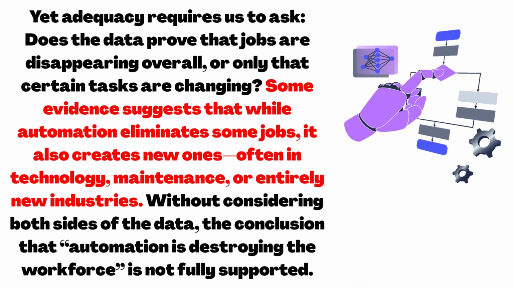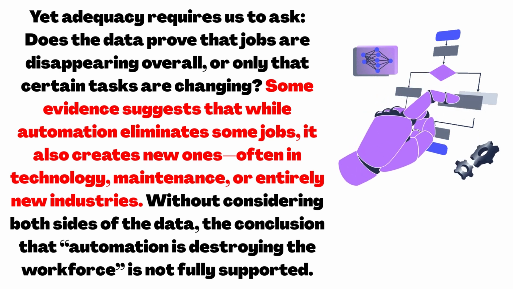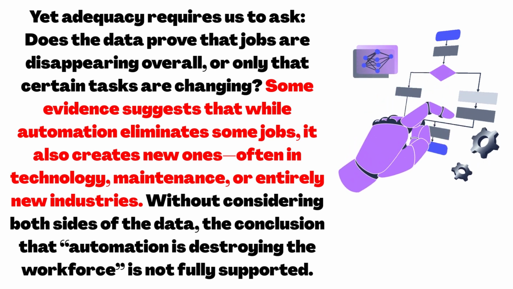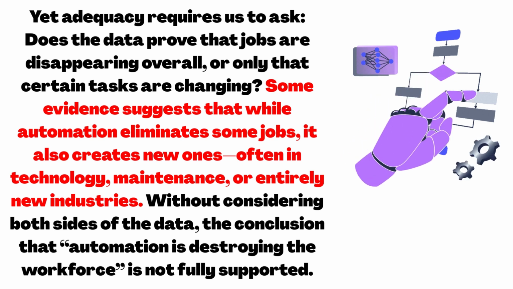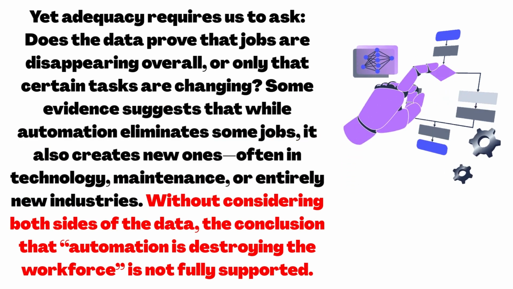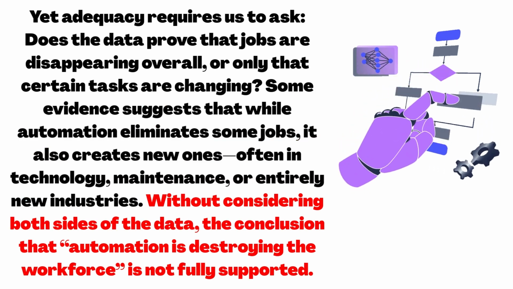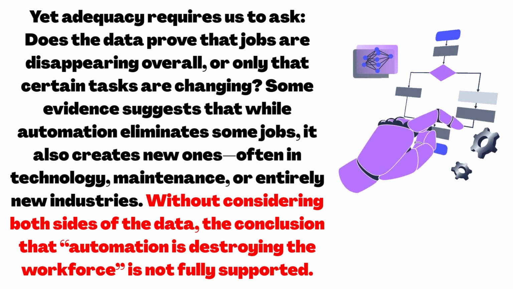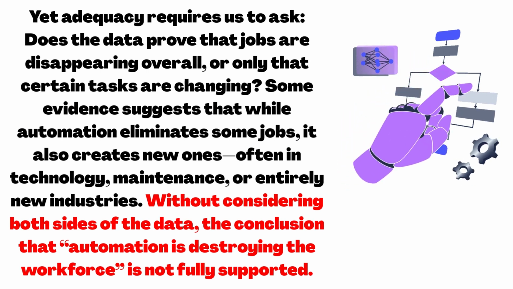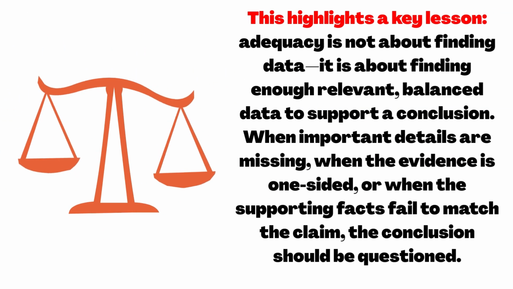Some evidence suggests that while automation eliminates some jobs, it also creates new ones, often in technology, maintenance, or entirely new industries. Without considering both sides of the data, the conclusion that automation is destroying the workforce is not fully supported. This highlights a key lesson.